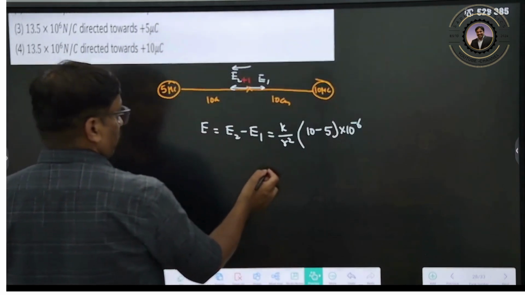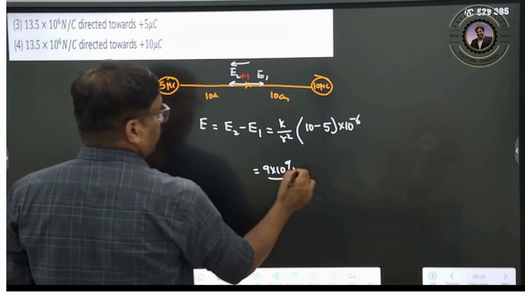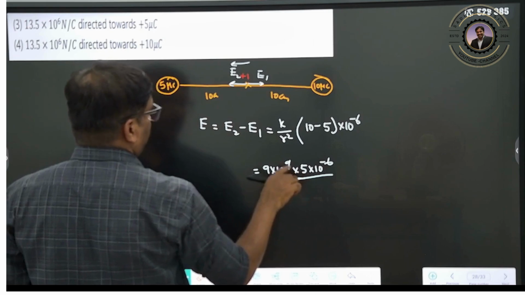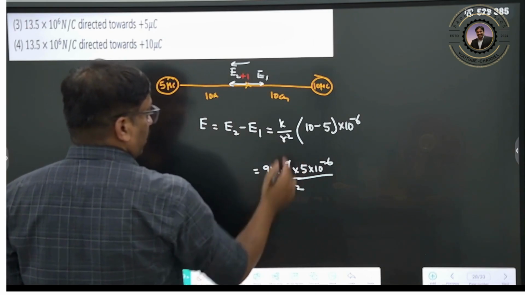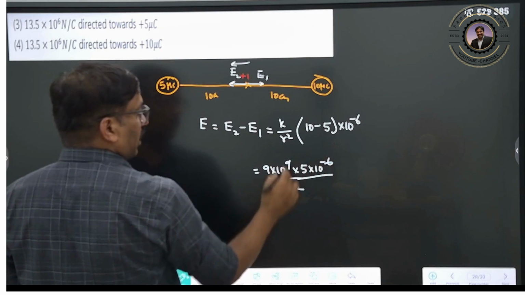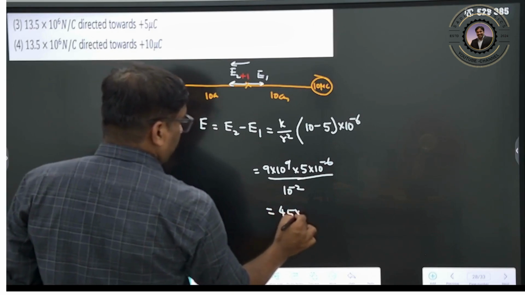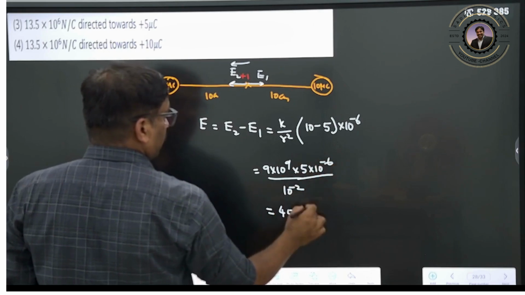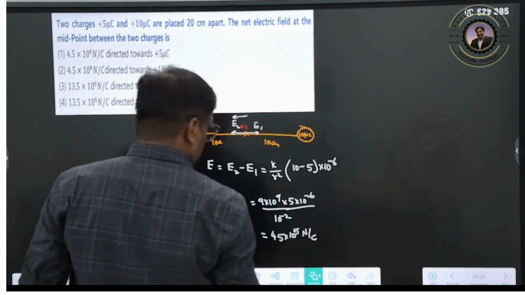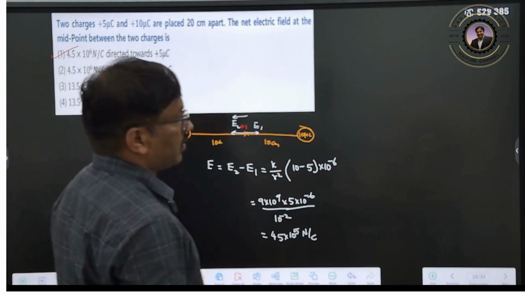K value is 9 into 10 to the power of 9 divided by R square, 5 into 10 to the power of minus 6. 10 centimeter is 10 to the power of minus 1, whole square means minus 2. Taking top here, it will be 4. So plus 2 minus 4, therefore 5, 9 fives are 45. So this is 45 into 10 to the power of 5 Newton per coulomb. Right, 45 into 10 to the power of 5 means 4.5 into 10 to the power of 6. So the first option will be the correct answer.